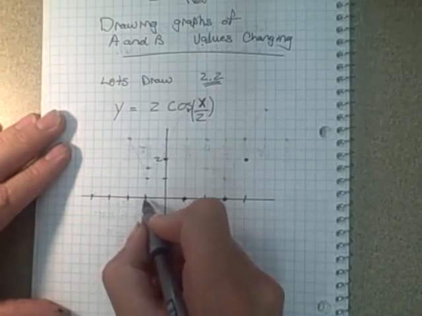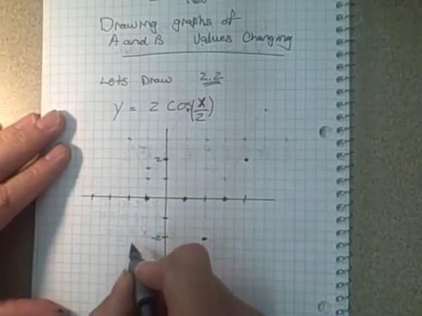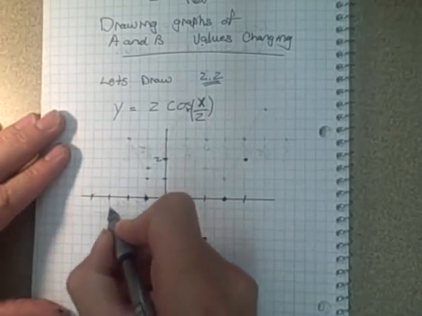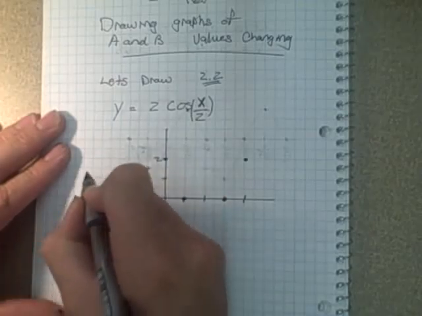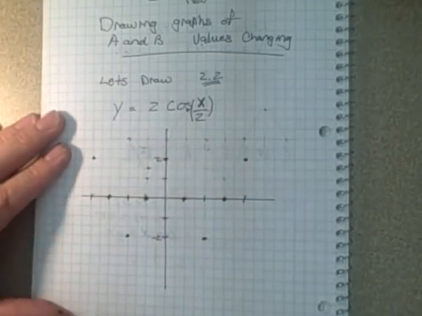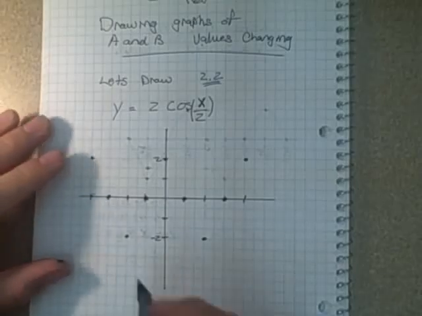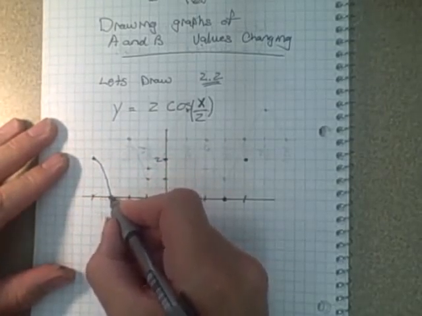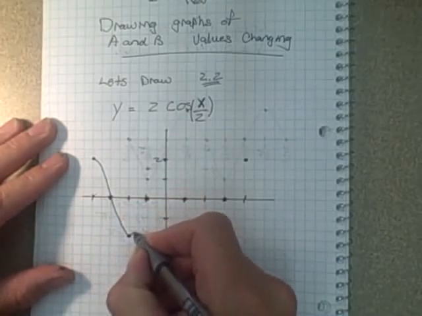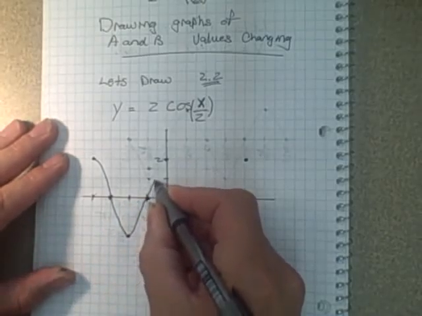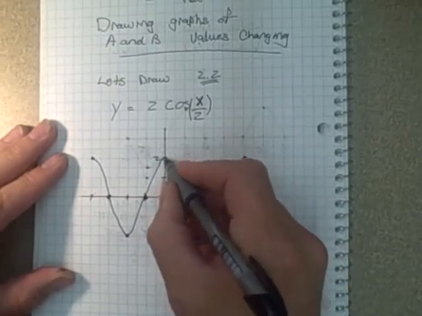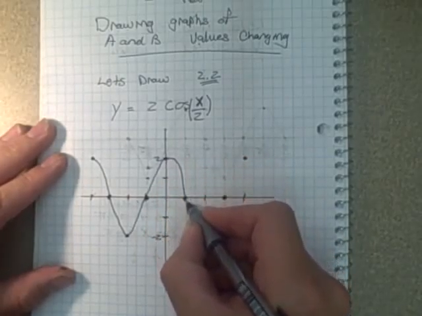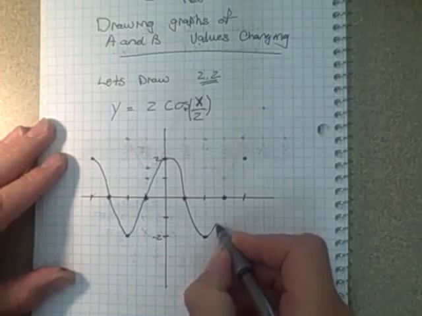You can put those in now, or you could do it in the next step as well, but I'm going to do it now. Then we have our cos shape. This will give us a negative and a positive period, which is traditionally what the question asks: draw one positive and one negative period of each graph.